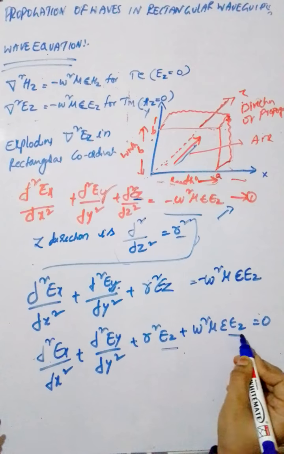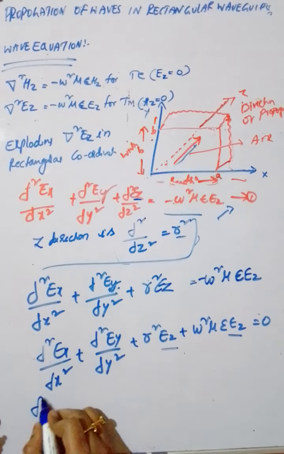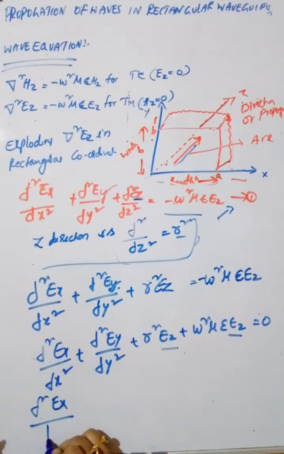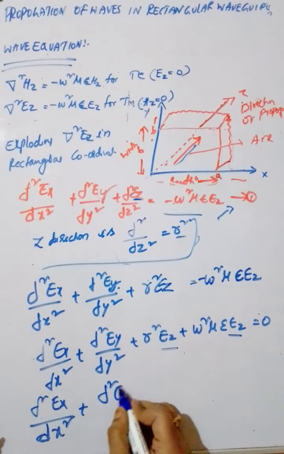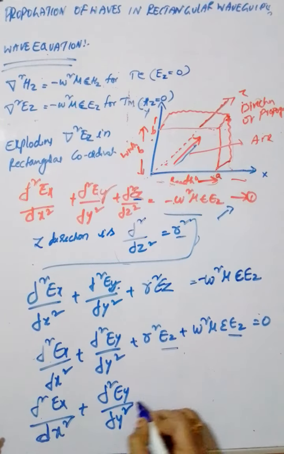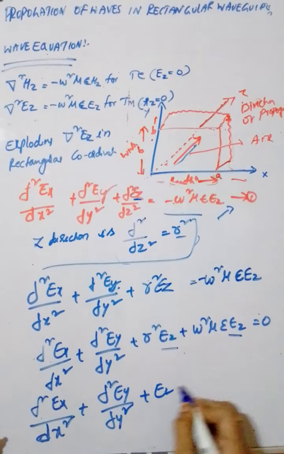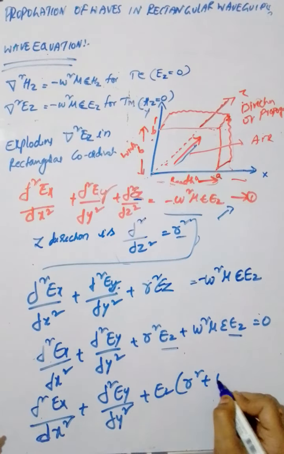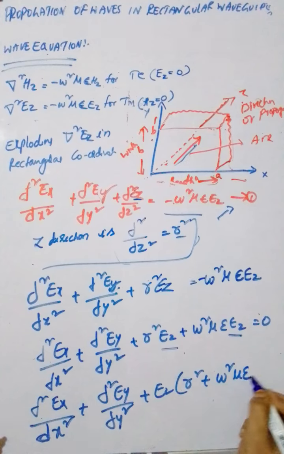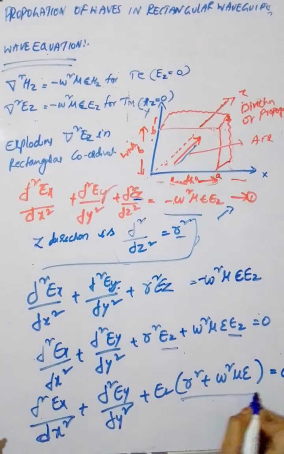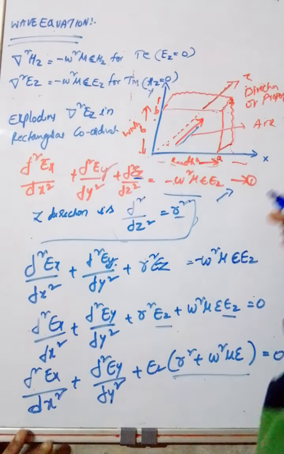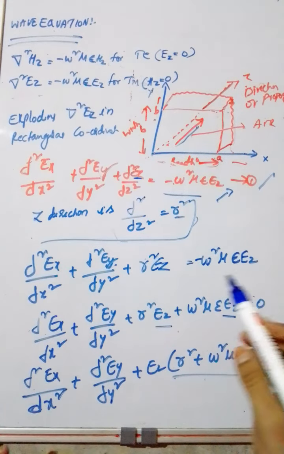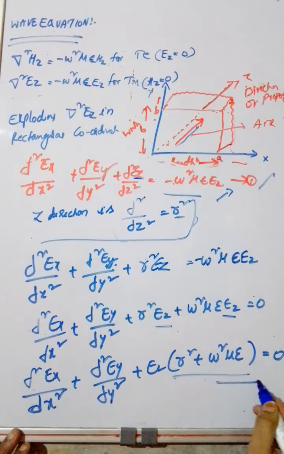Here in both terms Ez is common. So dou square Ex by dou x square plus dou square Ey by dou y square plus Ez common, r square plus omega square mu epsilon, is equal to 0. This term is a constant. Remember, this is equation 1, and this one is equation 2.